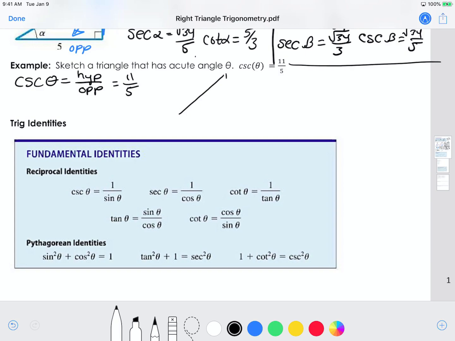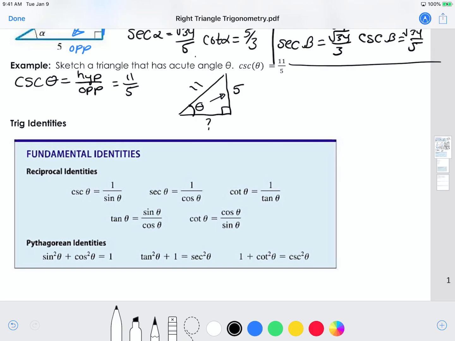So if I sketch my triangle, here's my 90-degree angle, so this has to be 11. If I define this angle here as theta, then the opposite side would have to be 5.